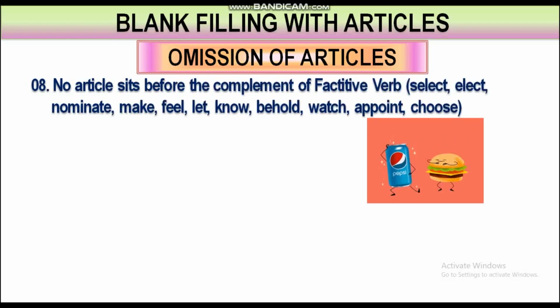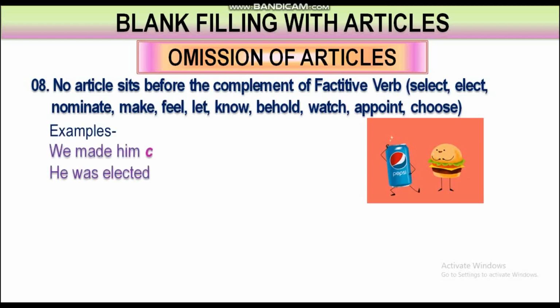Number 8. No article sits before the complement of factitive verb, that is select, elect, nominate, make, fill, let, know, behold, watch, appoint, choose, etc. For example, we made him captain.